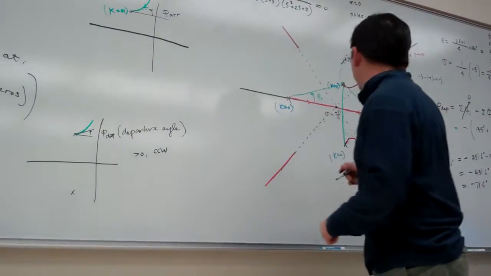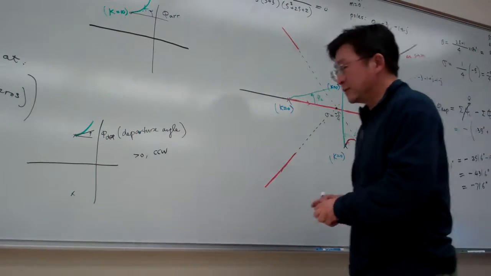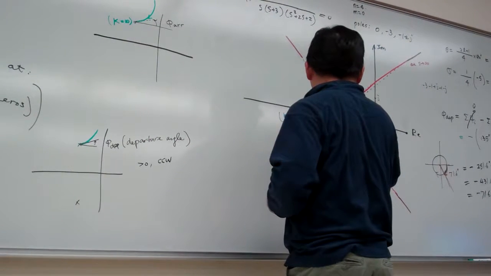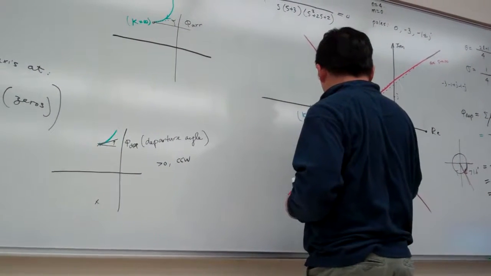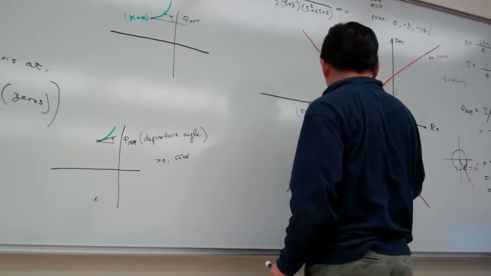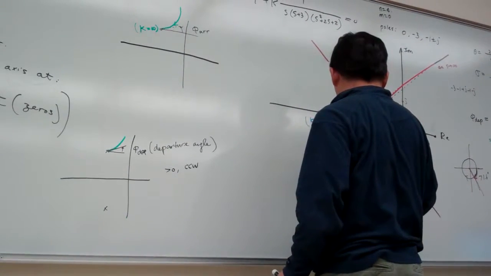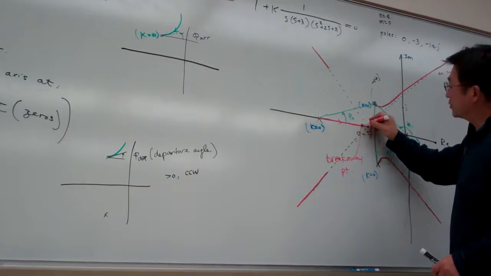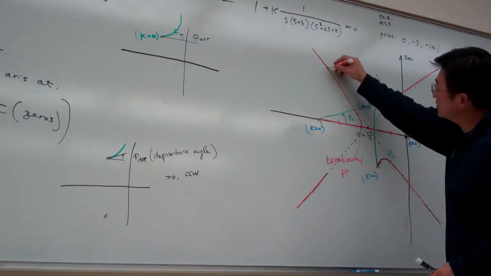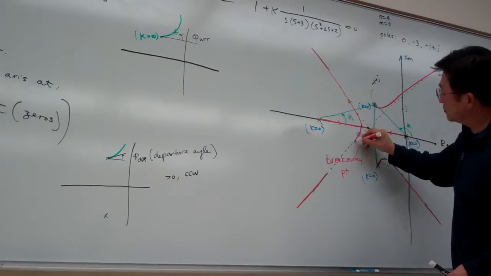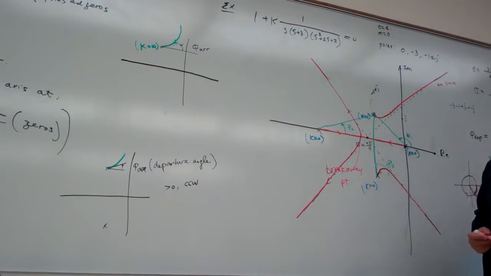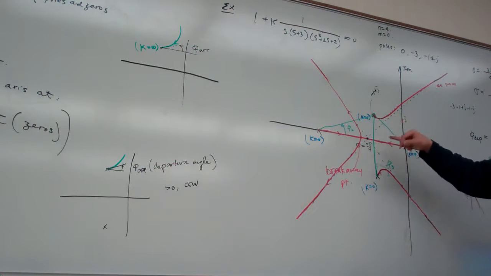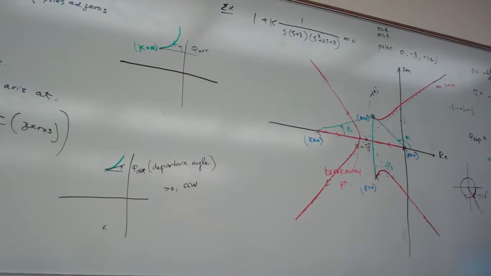Okay, so somewhere, let me say the breakaway point is here. The branches meet there and then approach, pretty much like this. So in total, before we calculate the breakaway point, the 4 branches look pretty much like this.